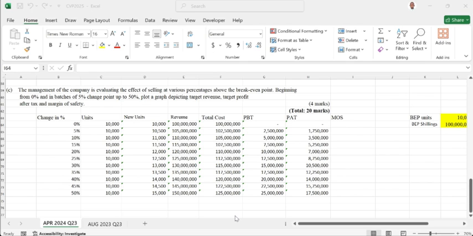Now, no. Nobody wrote down. Hakuna mtu aliandika chini.